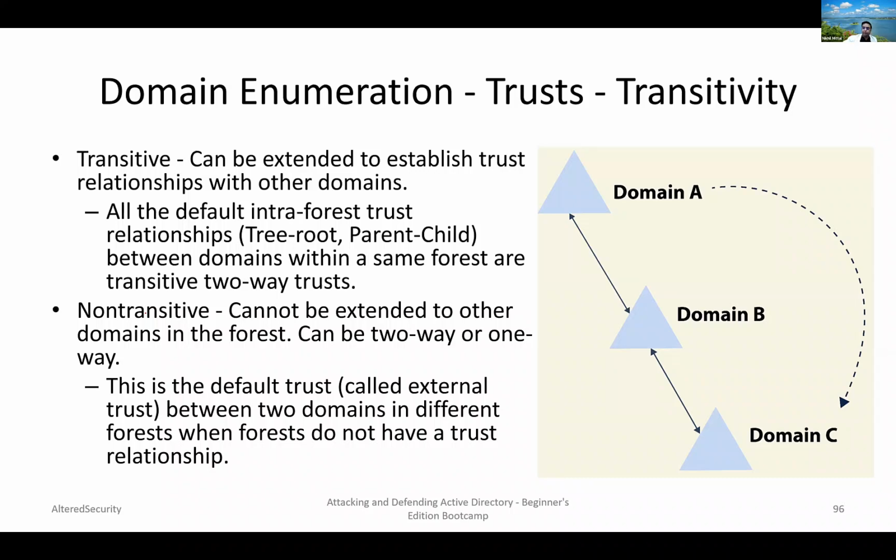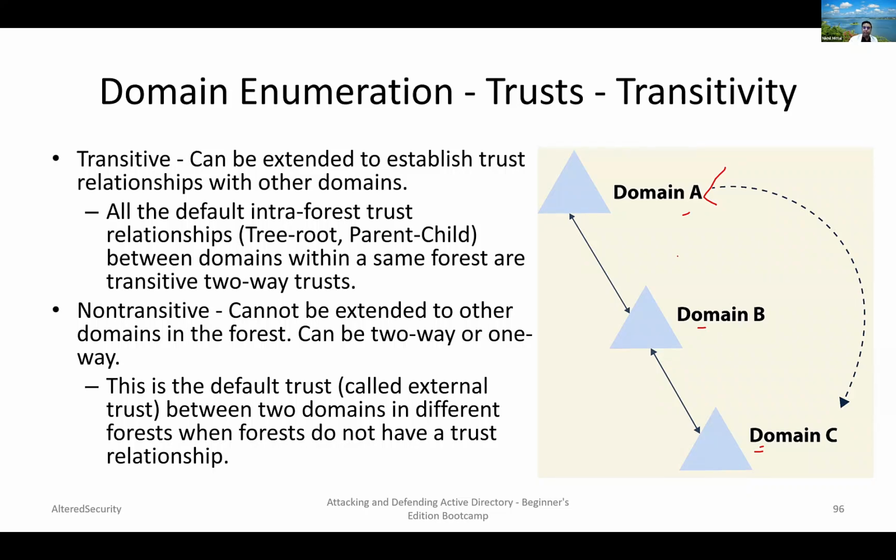That is, if A is equal to B and B is equal to C, then A is equal to C. If domain A has a bidirectional trust relationship with domain B, and domain B has a bidirectional trust relationship with domain C, theoretically, practically, domain A and C have a bidirectional trust relationship as well. Okay? That is what transitivity means.